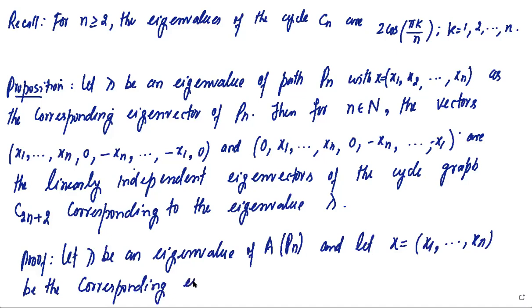Then we have A of Pn times x equal to lambda times x, and this is by definition of the eigenvector. Now we will see how the adjacency matrix of the path Pn looks.